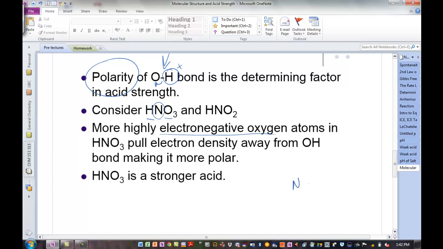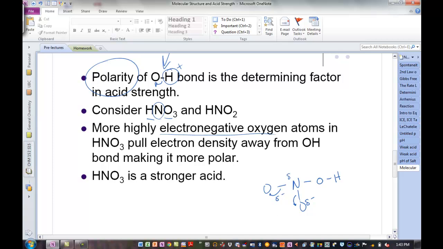So for example, okay, there's nitric acid. I haven't completed the Lewis structure for that, okay, but let's just leave it at that. Each of these oxygens is going to pull electron density toward itself, partial negative, partial negative.